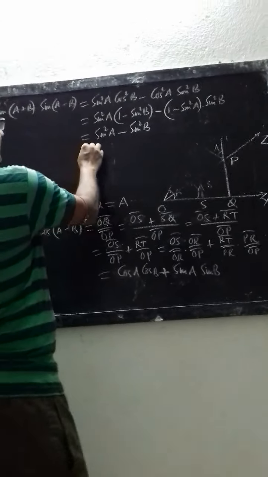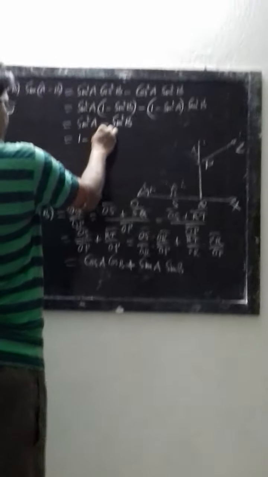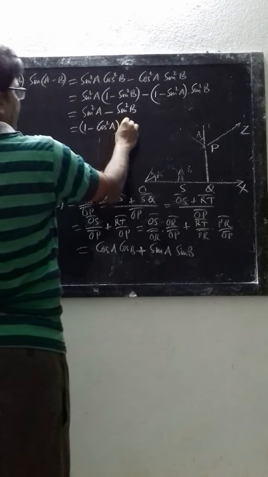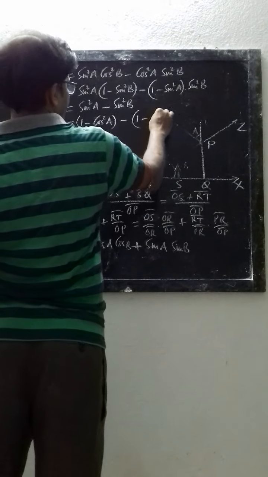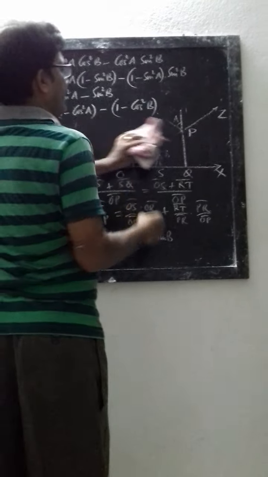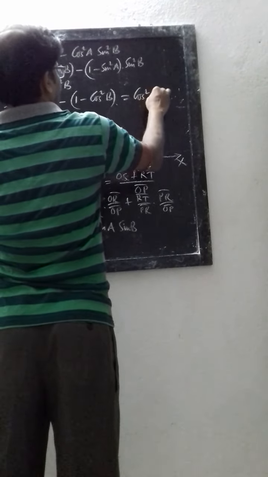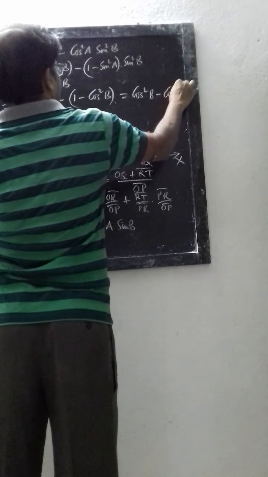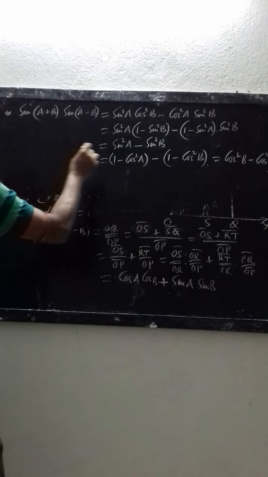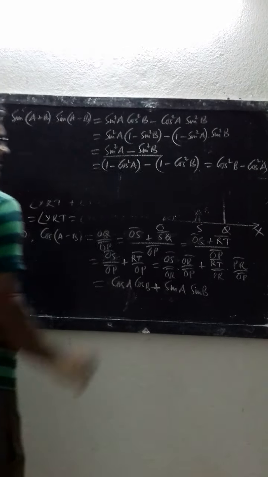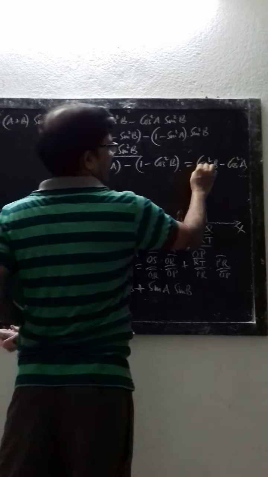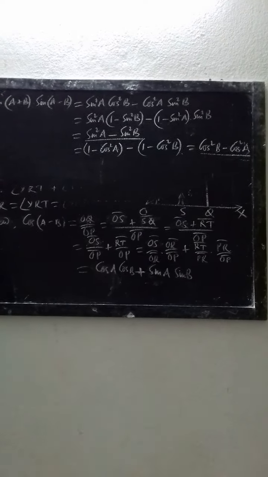This equal to 1 minus cos²A, this equal to 1 minus cos²B, this equal to cos²B minus cos²A. So sin(A+B) into sin(A−B), either sin²A minus sin²B or cos²B minus cos²A.